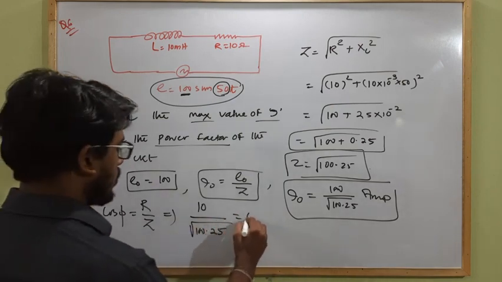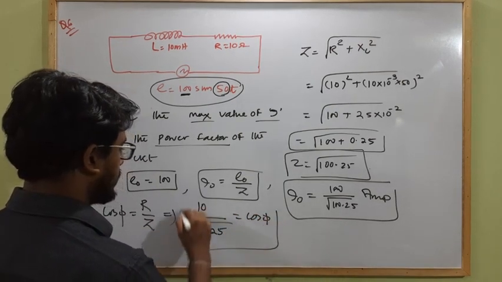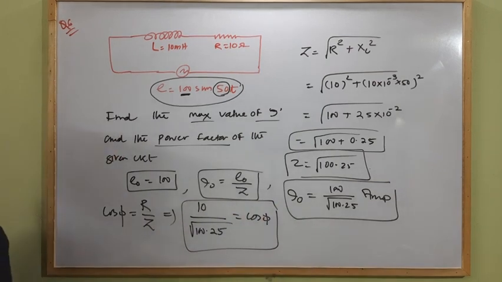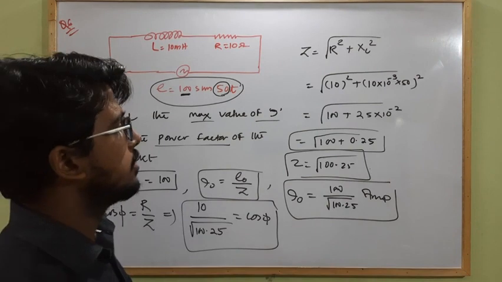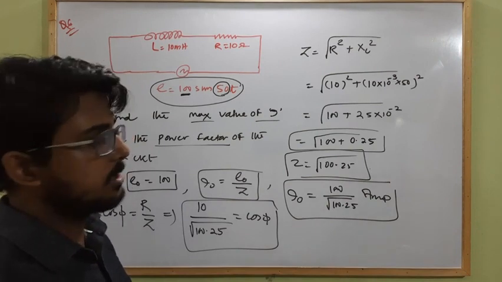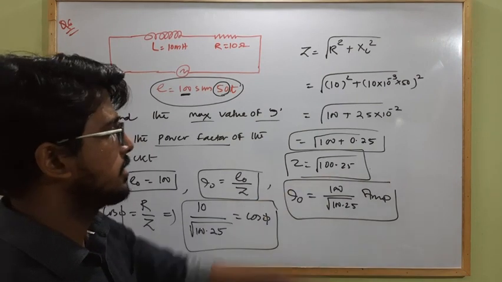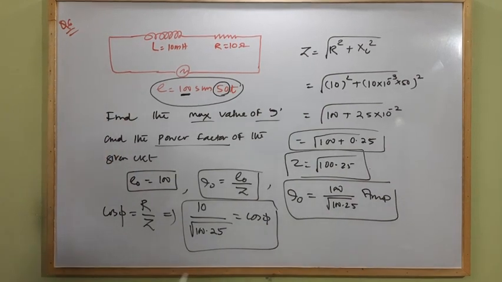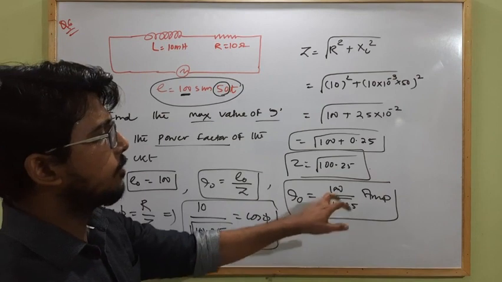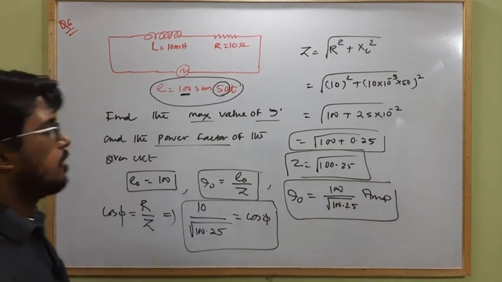This will be the cos phi, the power factor. You can solve this by 100.25. It is nearly equal to 10 point something, 10.5 or something like that. So nearly this will be 1. Cos phi will be 1 and this is also 1. Approximately the value will become 1.